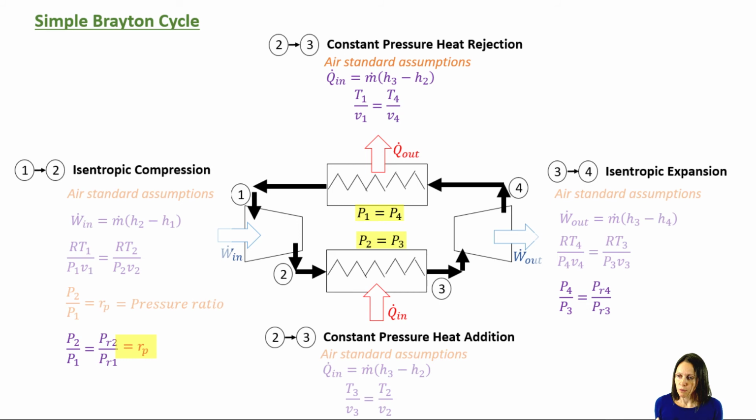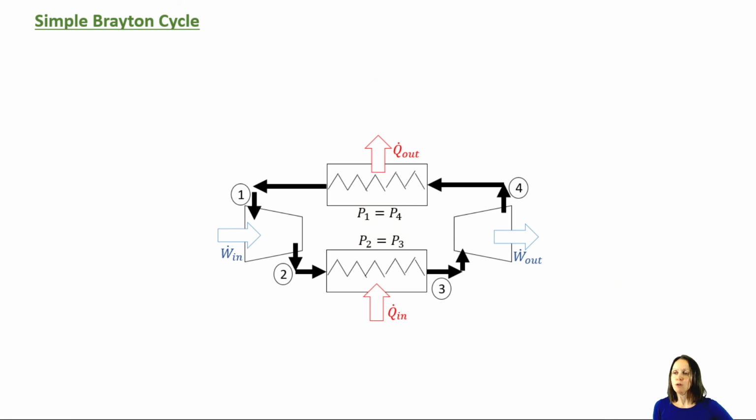So P1, P4, P2, P3, those are equal to one another. I can go over to that isentropic expansion from 3 to 4, and instead of in terms of P4 and P3, I can put that isentropic relationship in terms of P1 and P2. And then I know that this is just the inverse of the pressure ratio. So there we go. Almost done.